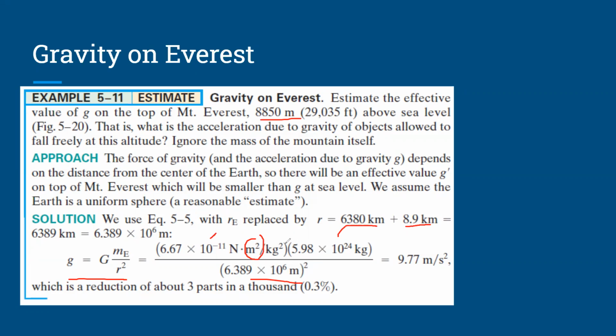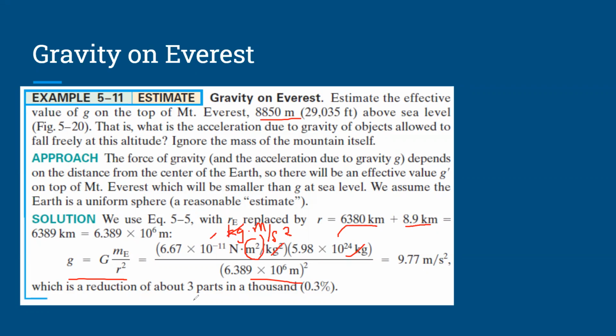We have 1 kilogram here, a Newton. Okay, take note there is a Newton here. And Newton is also kilogram meter per second squared. So in this case, it will become kilogram squared and it can also be cancelled with this. So what is left is meter per second squared. Okay?